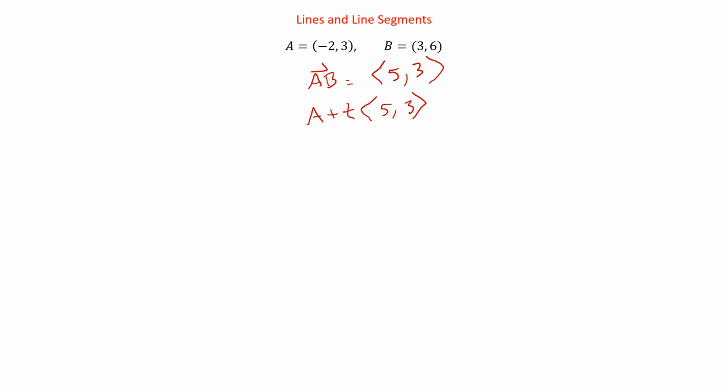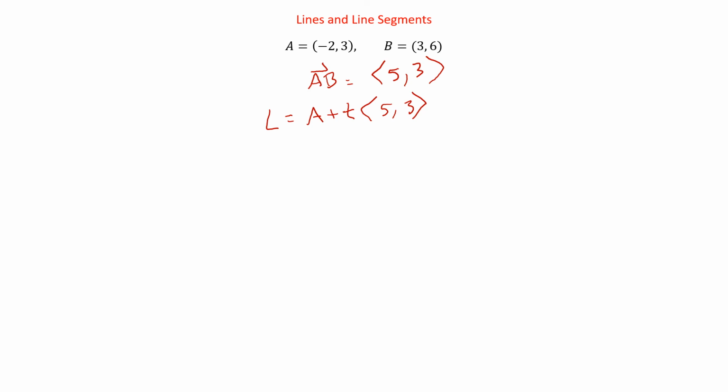I'm going to use t for that. That gives us this line: L is the starting point plus t times the vector to go to another point.